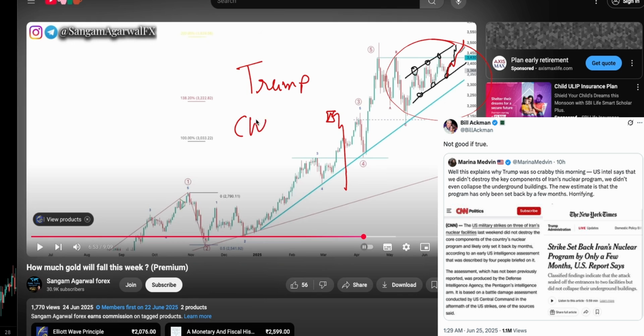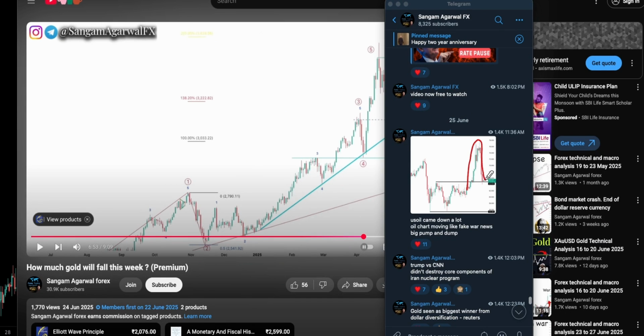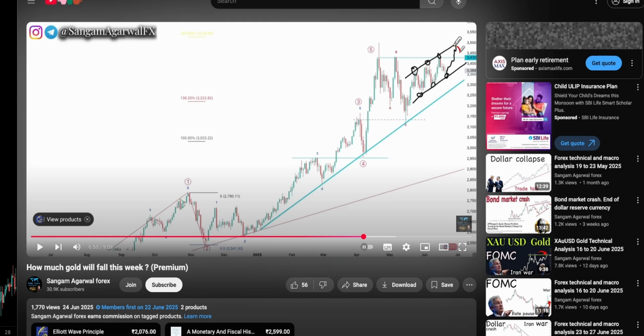CNN and the New York Times both confirmed that the information that came from Trump before Monday's market open was fake war news. Later it was confirmed by the market, a big vertical dump in the oil market. That was a fake war to motivate buyers so that they buy near the higher part of this range.